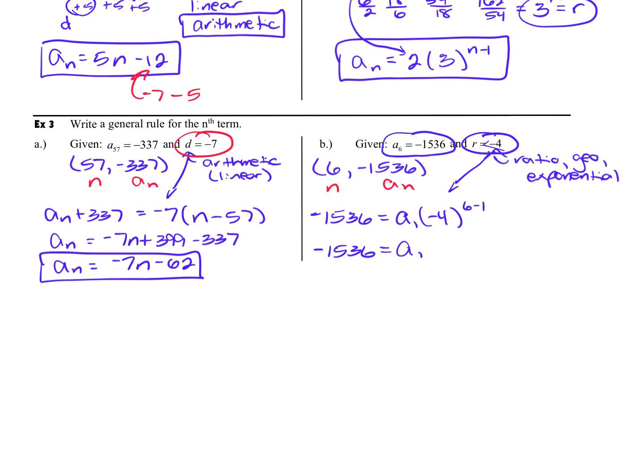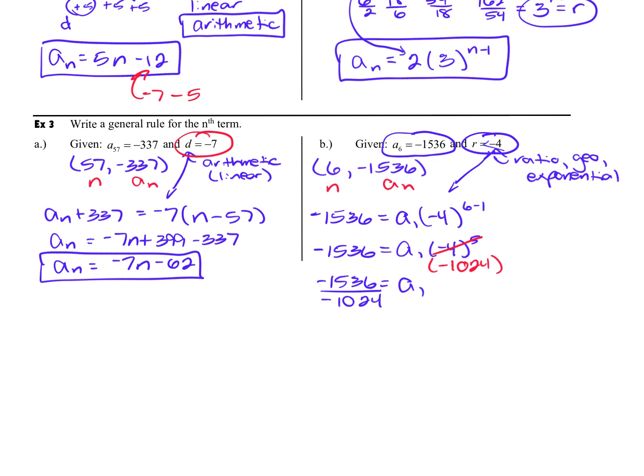-1,536. This is a sub n. I have -4. This is to the 5th power. I can clean this up. This is going to become -1,024. I would not expect you to do that in your head. So the first term is -1,536 over -1,024.